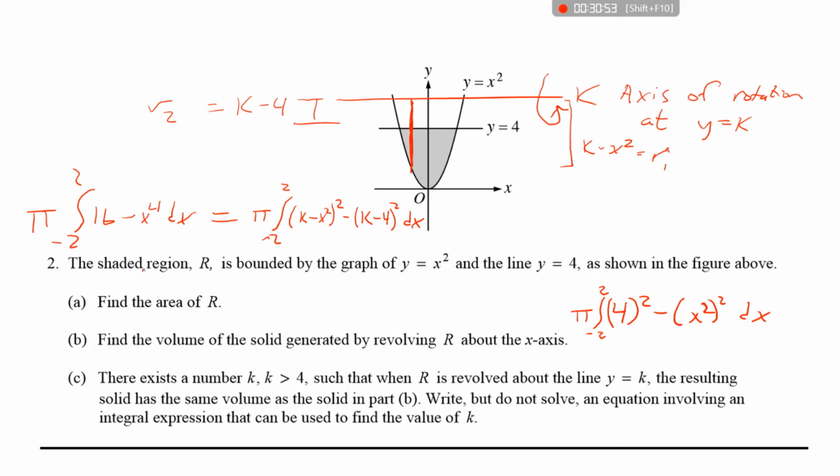Okay, then we plug that into our disk method formula. But do we have to subtract k minus x because x is already at the point of 0? It's k minus x squared for this function. And as I go through, what that value of x squared will be will change. So at x equals -2, this value is going to be at y equals 4.